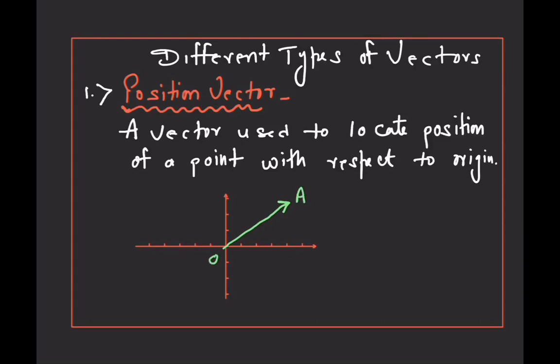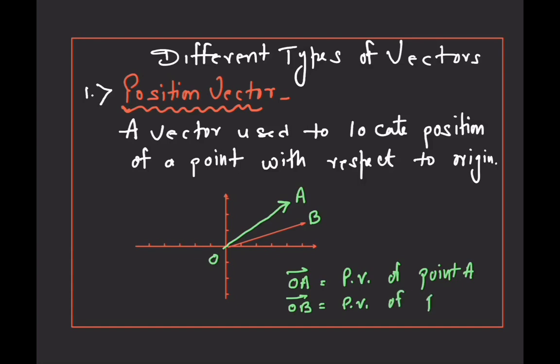Consider point A. So OA is the position vector of point A, and OB is the position vector of point B.